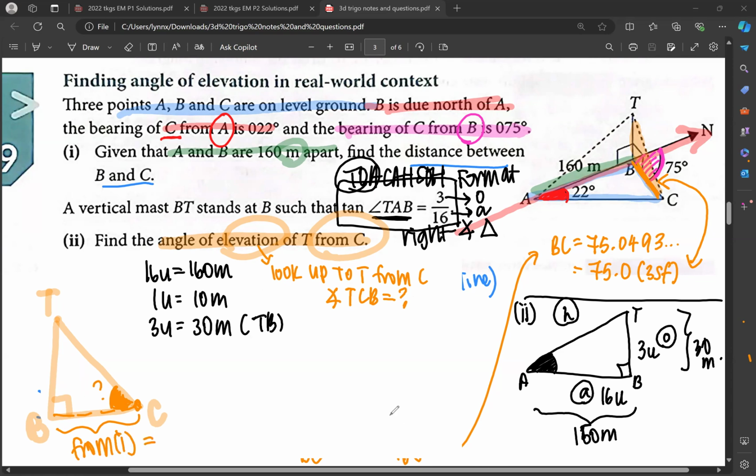So BC is how much actually? 75.049 and so on. Then anything else that I have? TB, very good. TB is how much? 30 meters, because just now we already solved it. So from here, can you see it's a right angle triangle? Do you think you can solve already? Okay, go. Do that now.